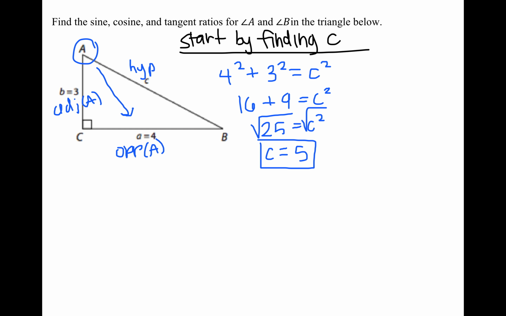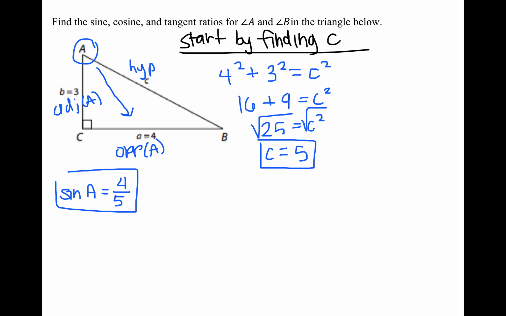So if I want to find sine of A, that is the opposite side, which is 4, divided by the hypotenuse, which we found was 5.